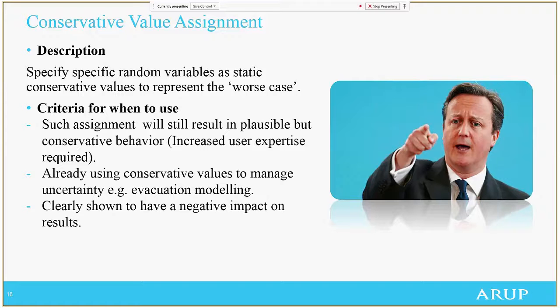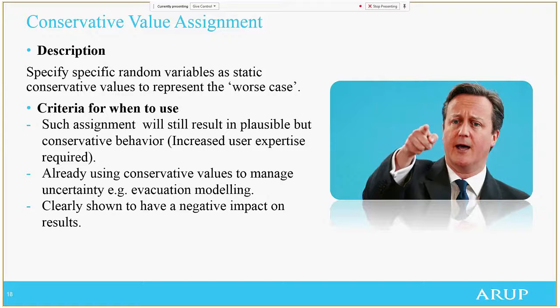Now, in terms of when we use this, you have to decide whether the results are still going to be plausible but still represent conservative behaviour, and this requires a certain degree of user expertise. For example, if you assign everyone a very slow walking speed, is it actually still going to produce realistic results?